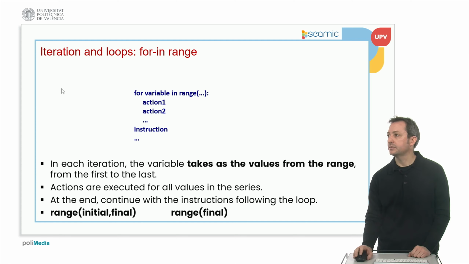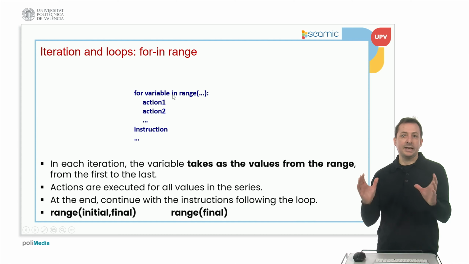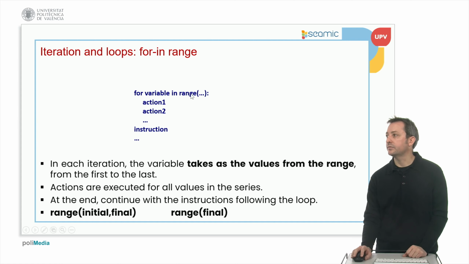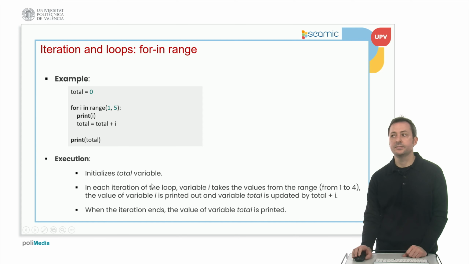So in this case, we put the for loop statement for a variable that takes the values instead of a given list. For example, we put a range of numbers from the beginning until the end. So this function range takes an initial value and a final value, and the variable takes the values of the range from the first to the last.